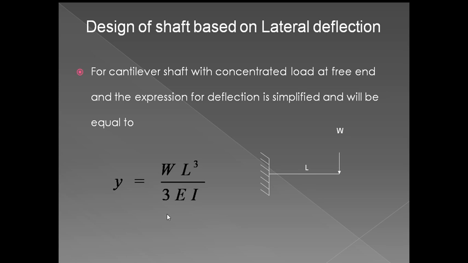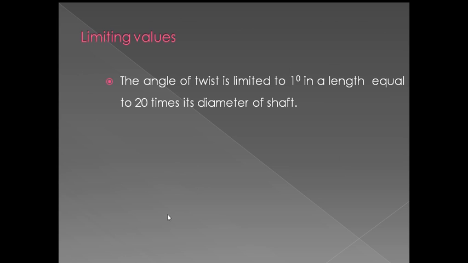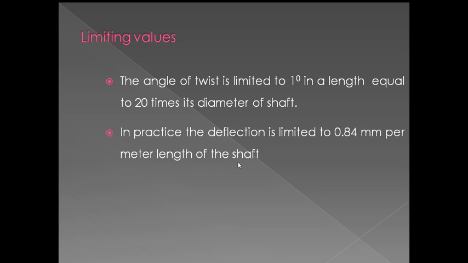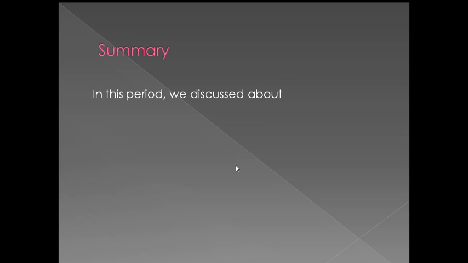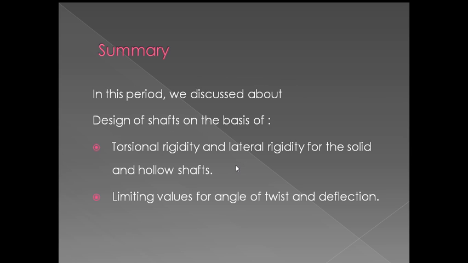Here 1 by 3 is the constant value. The angle of twist should not be more than 1 degree in a length equal to 20 times its diameter of shaft. In the same way, deflection is limited to 0.84 mm per meter length of the shaft.